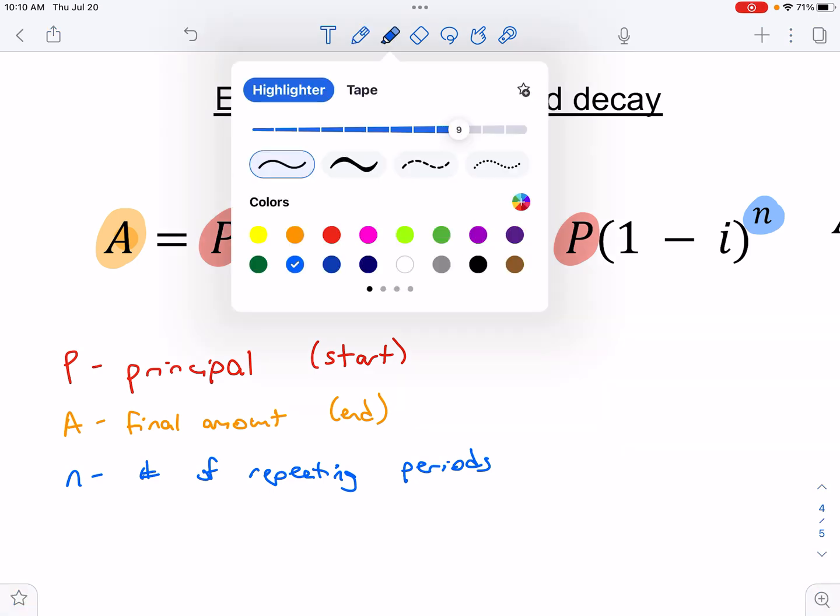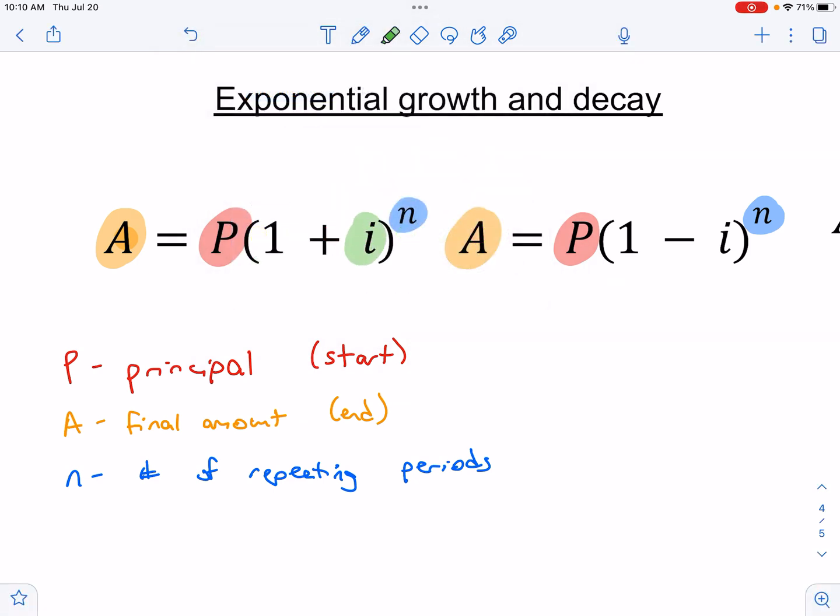And then the last variable that we need to know about is I. I is that interest rate, okay? Or it is, more generally, a rate of increasing or decreasing, as a decimal.